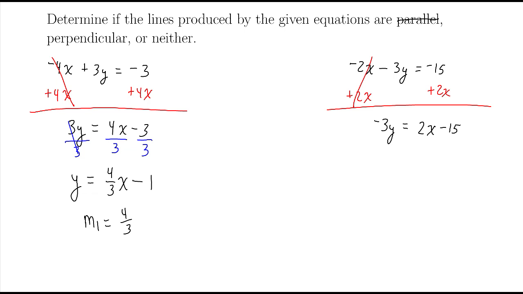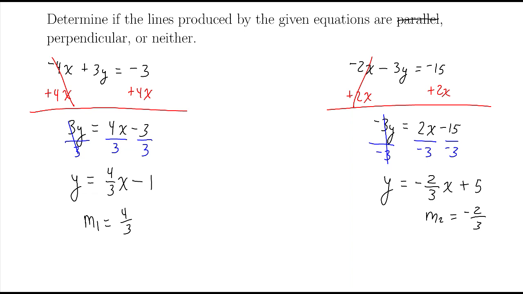Let's get rid of the negative 3 by dividing each term by negative 3. That gives me y equals negative 2/3 x plus negative 15 over negative 3, which is a positive 5. So the slope of the second line is negative 2/3.